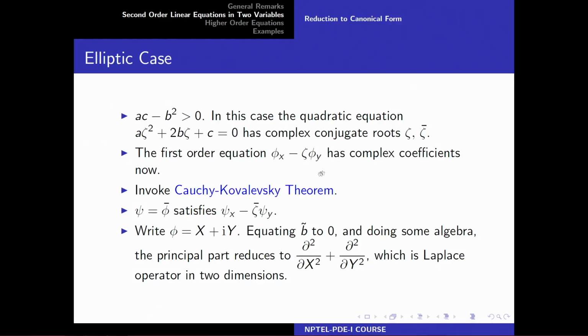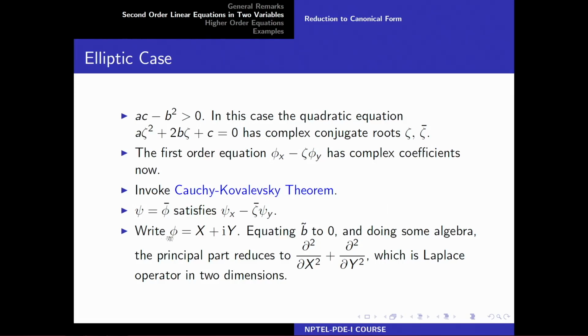So, that is the tricky part. In a given situation, it may be somewhat easier to make a guess and see what that phi is. Since zeta is a complex function, phi also has to be a complex function.